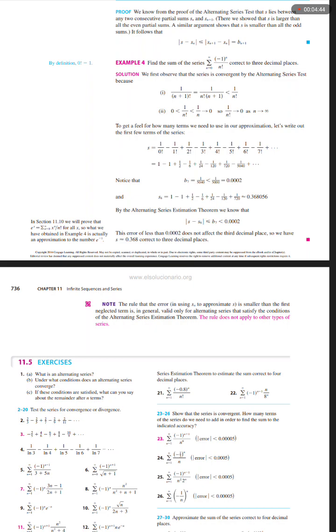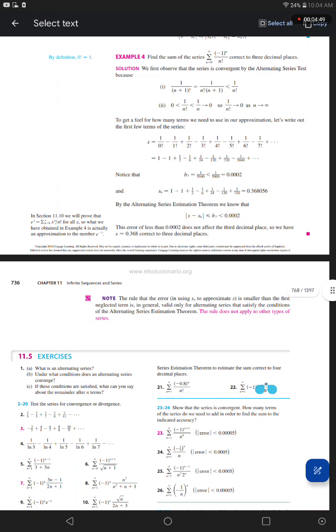Sidebar. In section 11.10, we will prove that e to the power x equals the sum from n equals 0 to infinity of x to the power n over n factorial for all x.